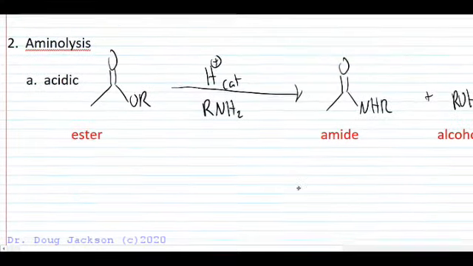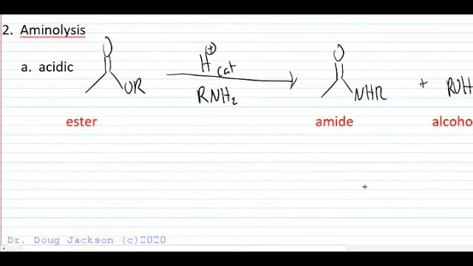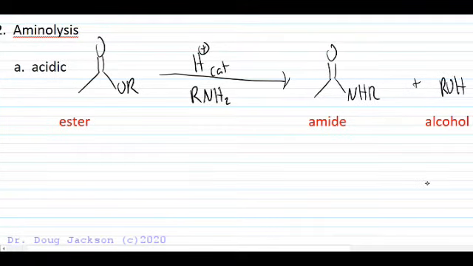All right, so ammonolysis of esters means we are going to cut the ester with an amine, and that's going to form an amide. We can do this with a catalytic amount of proton because the amide bond is so much more stable than the ester. Remember, amides are more stable because of the increased resonance effect with the nitrogen, so we end up with a more stable compound in the end.